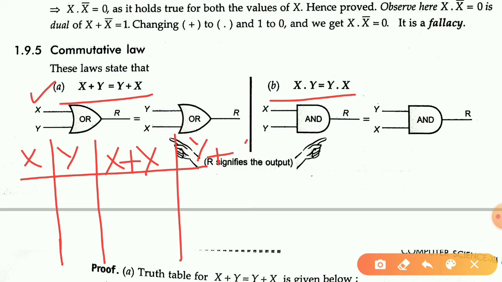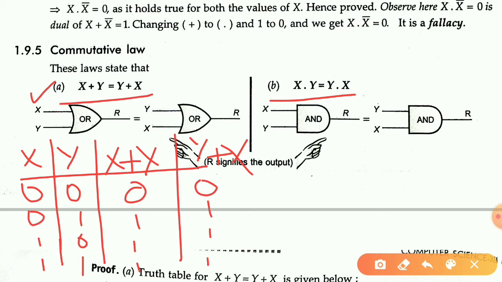The answer will be the same: x plus y is 0, 1, 1, 1. In the same way, y plus x is 0, 1, 1, 1. So in both cases the result will be the same.